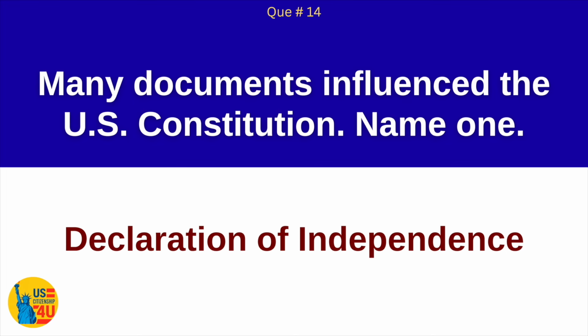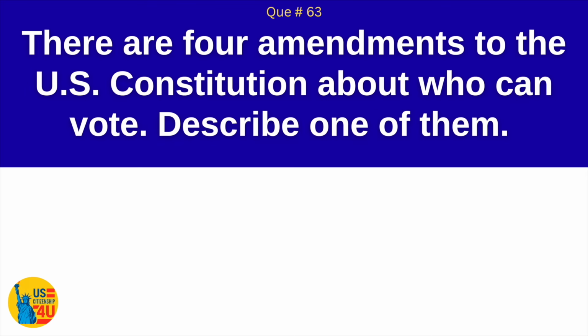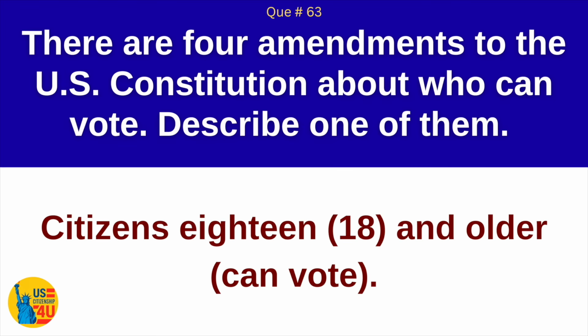Declaration of Independence. There are 4 amendments to the U.S. Constitution about who can vote. Describe one of them. Citizens 18 and older can vote.